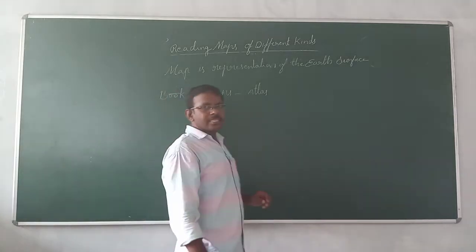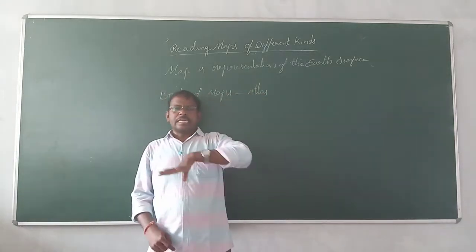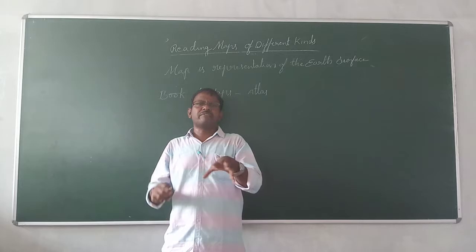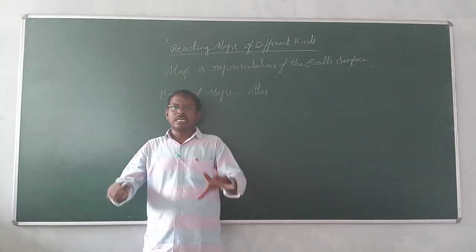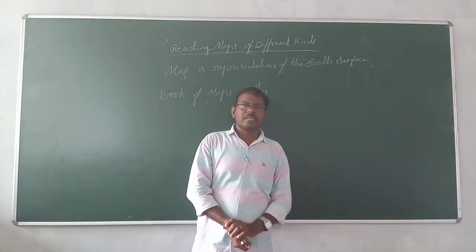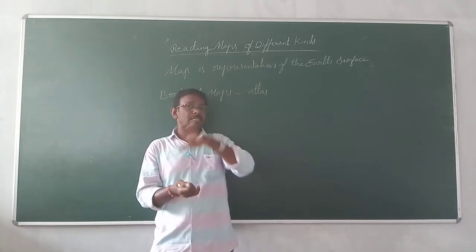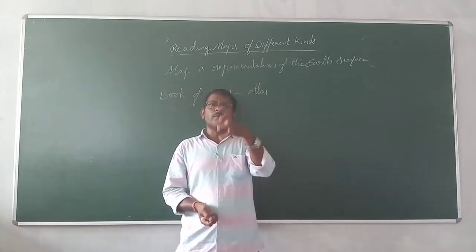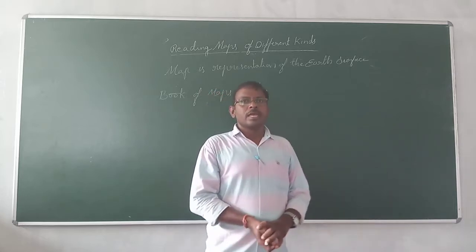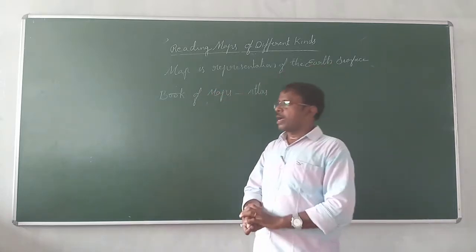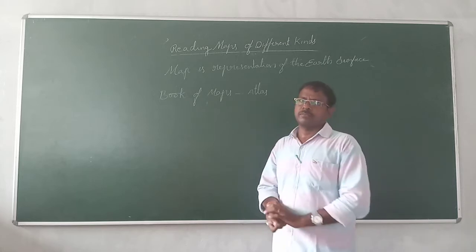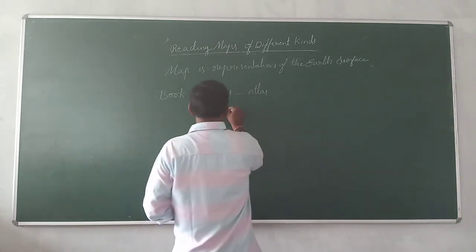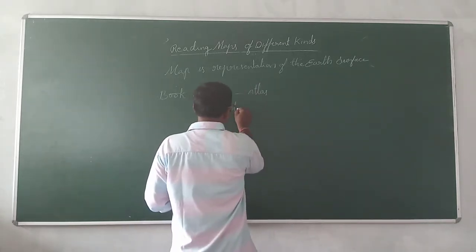When you see an atlas, there are so many different colorful maps. In that, how many types of maps are there? Actually there are 4 types of maps, which we know already.